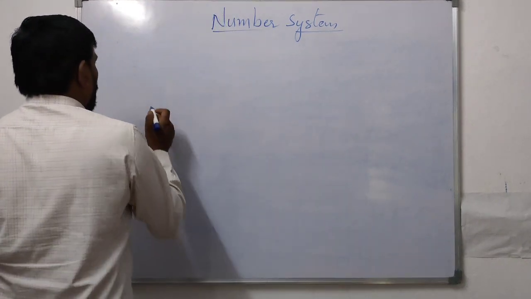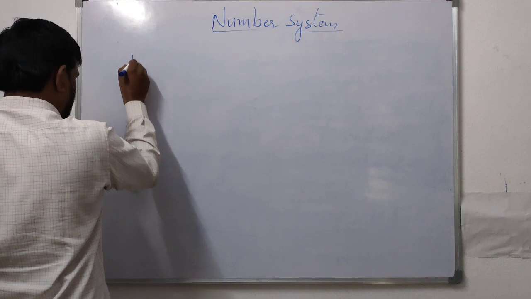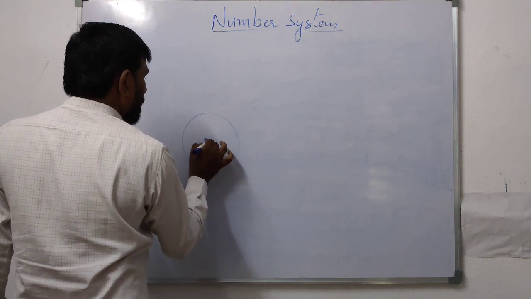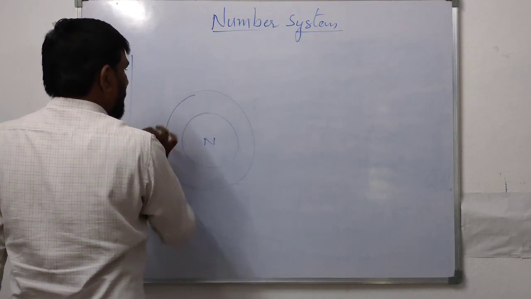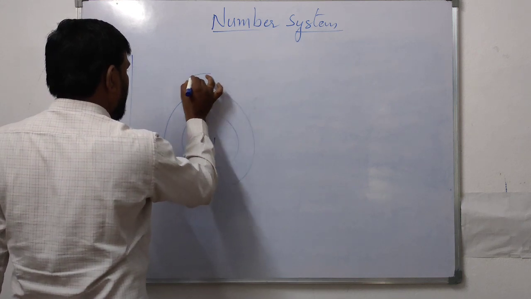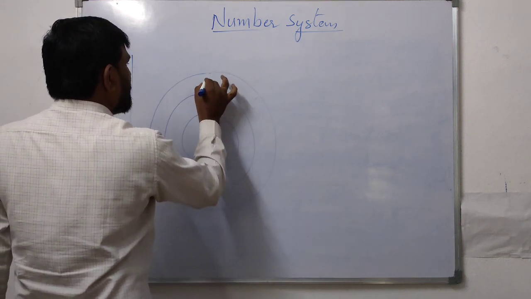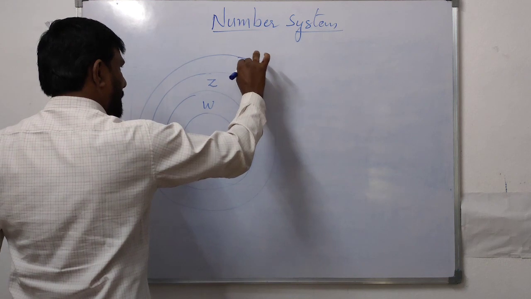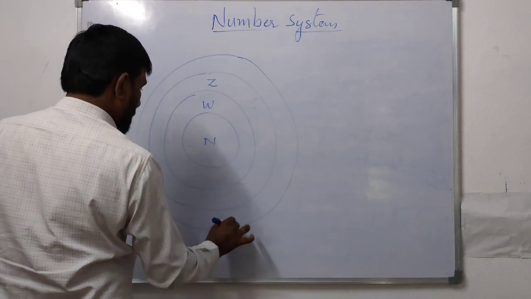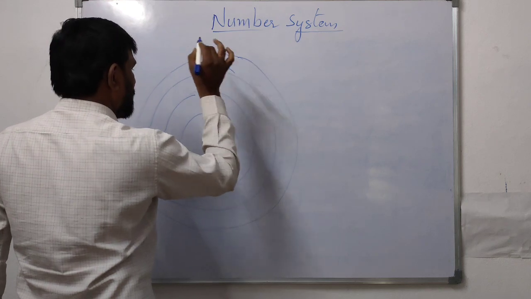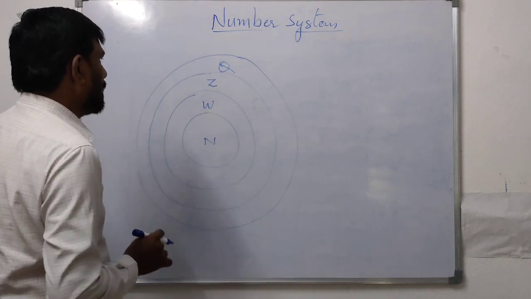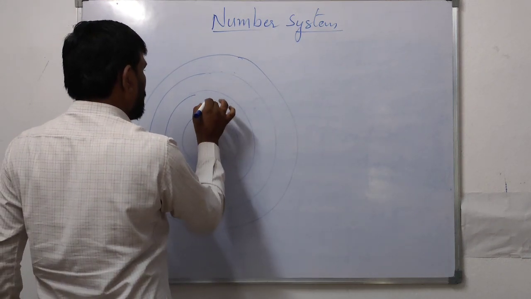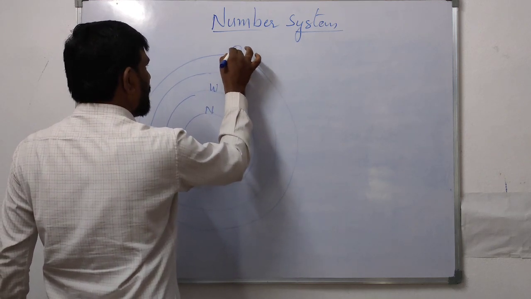Real numbers means, first is natural numbers, next is whole numbers, next is integers, then next is rational numbers, right? Or else simply you can represent this on top also: natural number, whole number, integers, rational number.